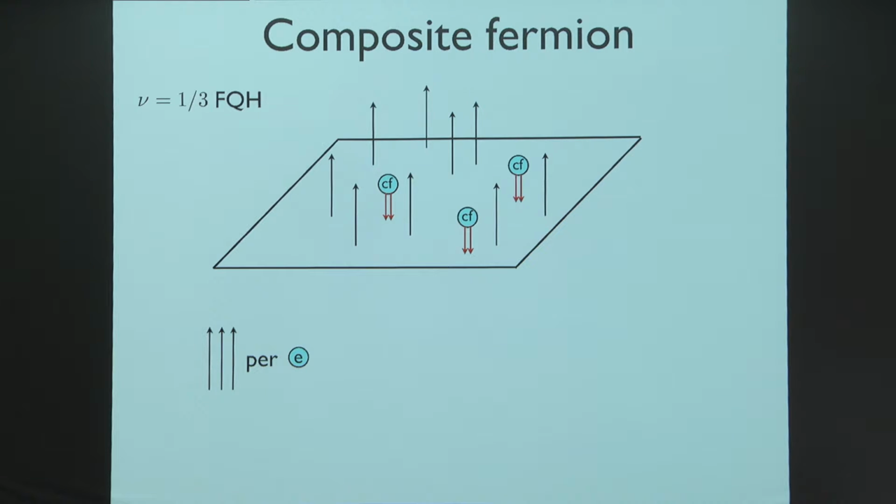Now, in condensed matter physics, there is something called the mean field approximation. Most of the time, it is not a reliable approximation, but in many cases it gives us a qualitative description of the physics. If we do the mean field approximation, we get, on average now, 1 arrow per composite fermion. We have 9 black arrows minus 6 red arrows, for a total of 3, 1 arrow per composite fermion.